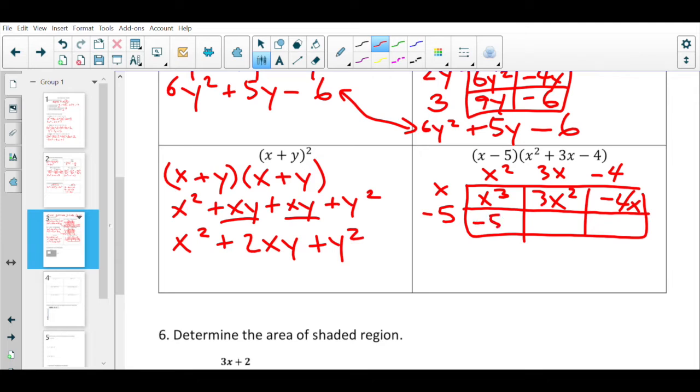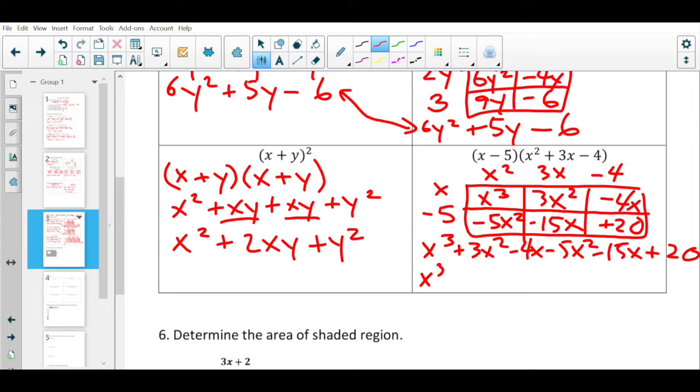That is minus 5x squared minus 15x plus 20. All the 6 terms in the box, let's add them up. x cubed plus 3x squared minus 4x minus 5x squared minus 15x plus 20. Collecting like terms, x cubed, there's a 3x squared and a minus 5x squared, that's a minus 2x squared. There's a minus 4x and a minus 15x, that's a minus 19x plus 20.